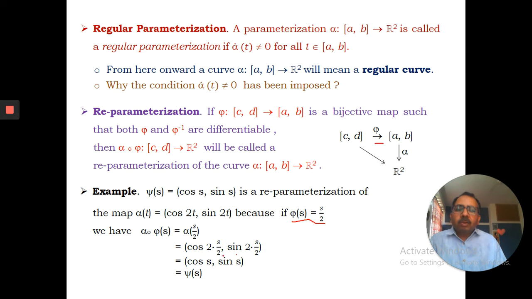So this is (cos 2s/2, sin 2s/2). We get (cos s, sin s), which is psi(s). So alpha of phi is psi, which means psi is a reparameterization of the map alpha.